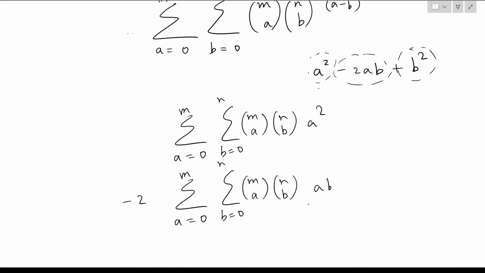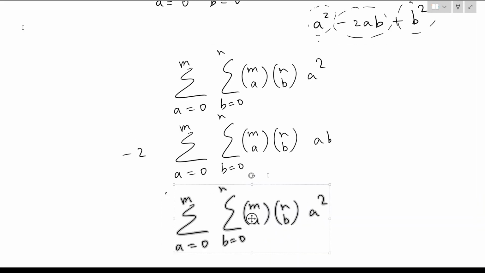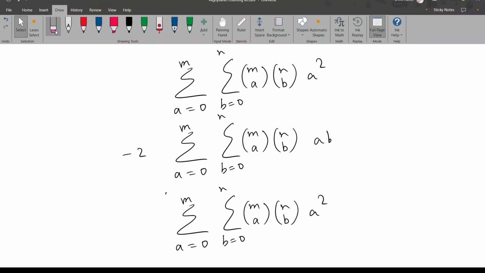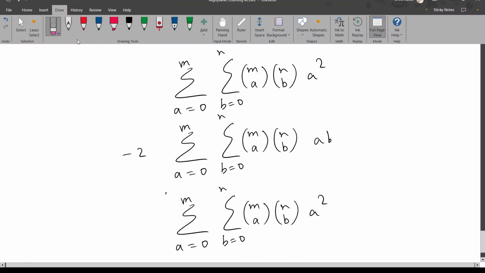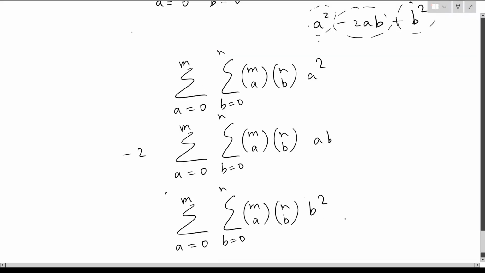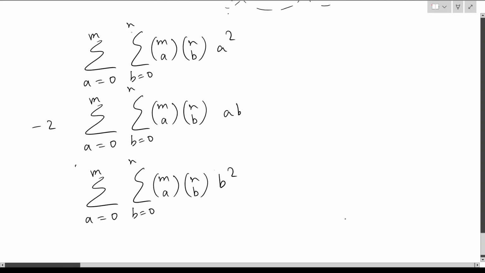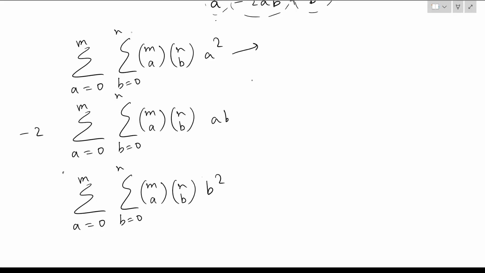We've got ab in here, and the final thing is with b squared. So let's discuss how to sum each of these individually. Let's start with this one. Can anyone tell me a way to compute this?